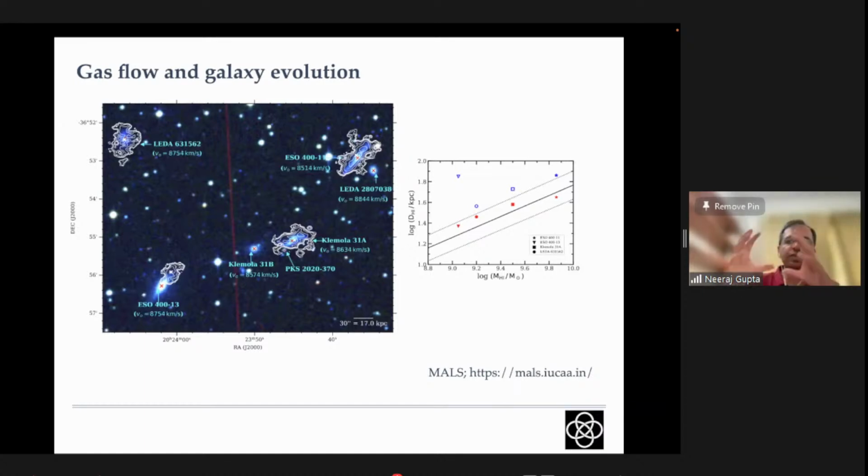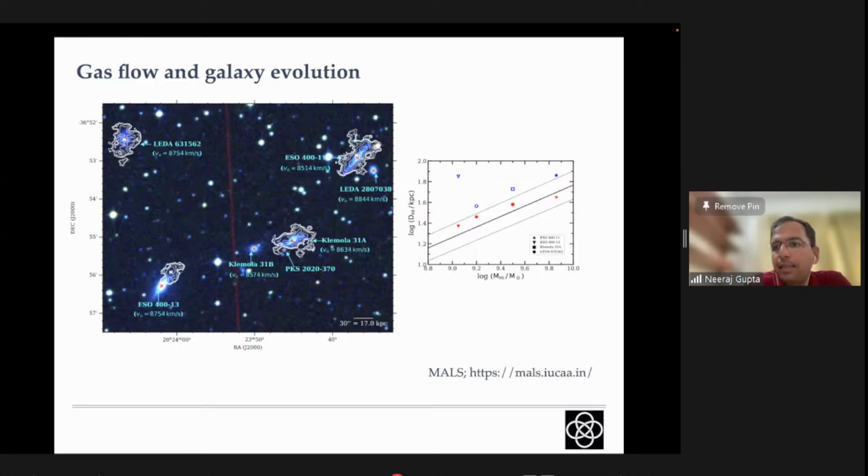For example, if one takes a cluster of galaxies, towards the center the densities will be much higher, and as one moves outward the density will decrease. So one finds that the galaxies closer to the center of the cluster are gas poor, whereas the ones outside are gas rich. In addition, as one does more and more observations of such galaxy groups, one finds that most of this transformation happens at the group level itself.